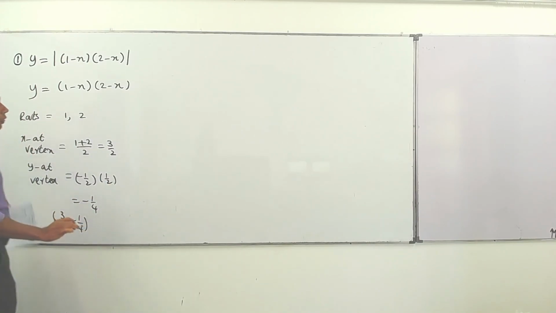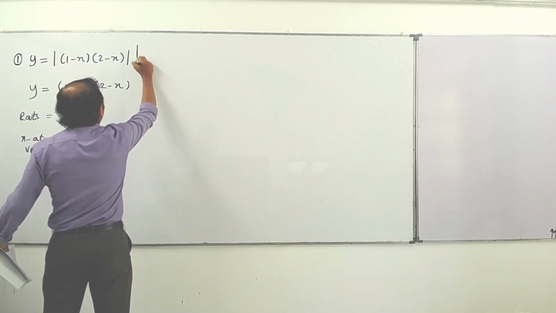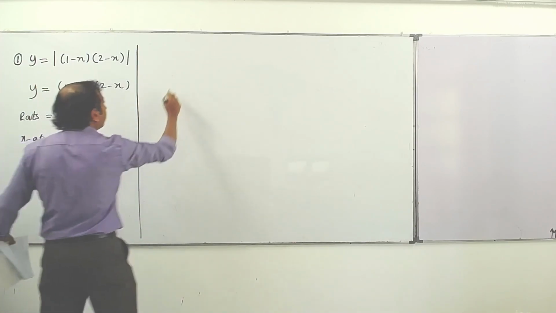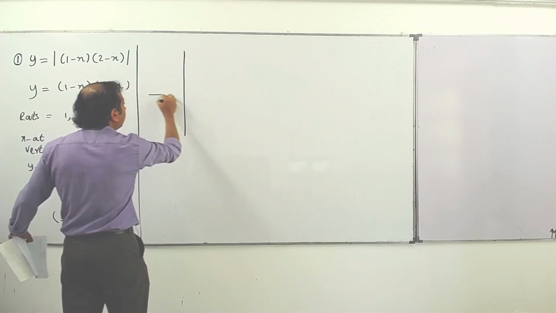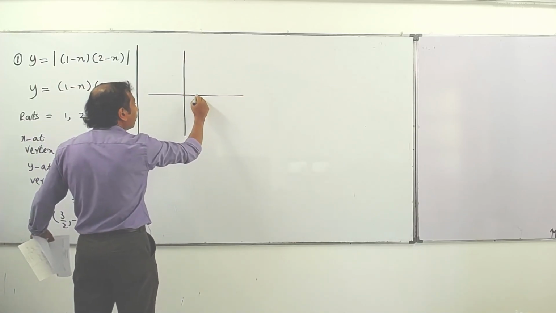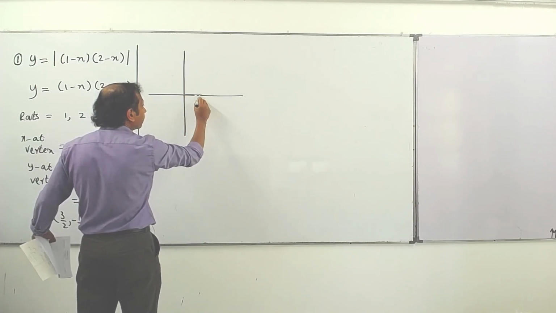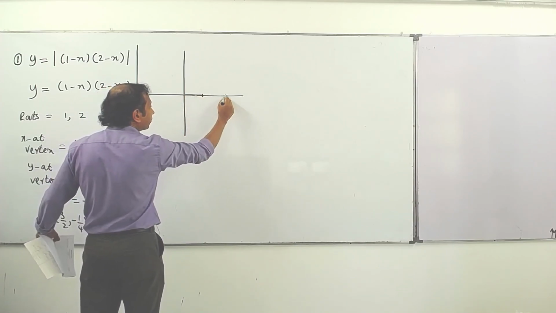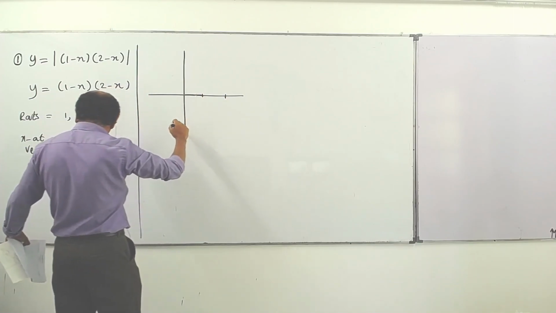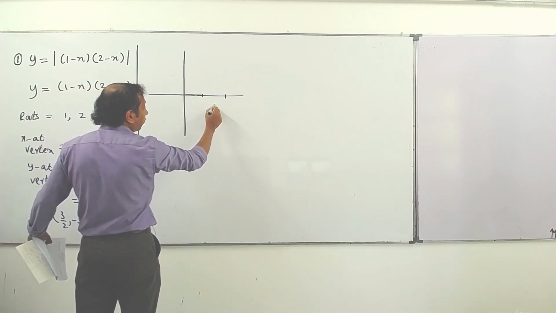Then the graph we can sketch without the modulus. Without the modulus, the graph is going to be this way. Roots are 1 and 2. Y value at the vertex is minus 1 over 4.